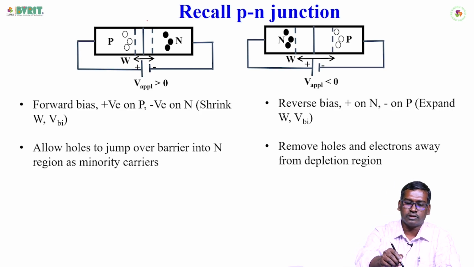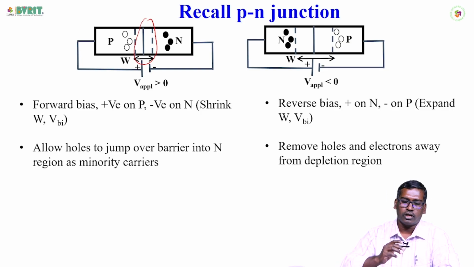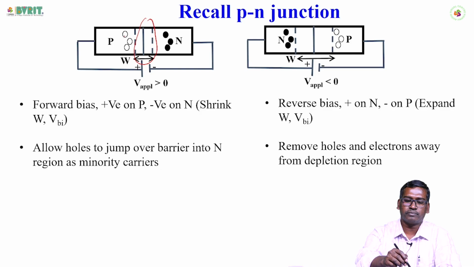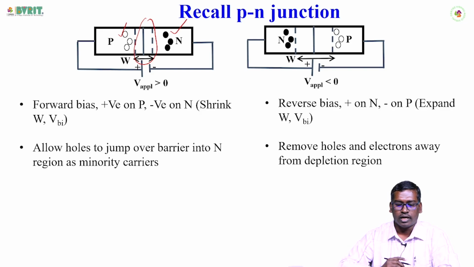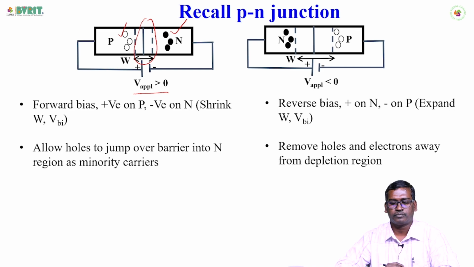Here we can see that the junction is having the width of W. As we discussed, the p-type semiconductor has holes as the majority charge carriers, and the n-type semiconductor has electrons as the majority charge carriers. Here we applied a positive voltage, which is greater than 0.